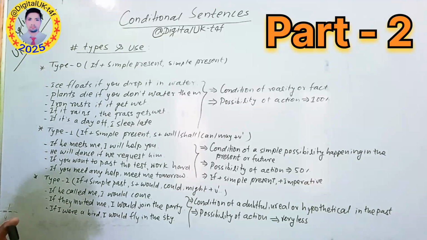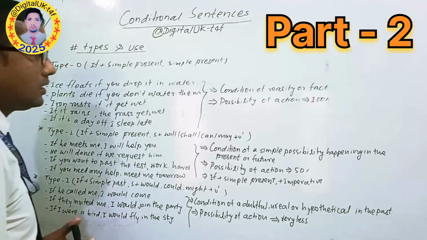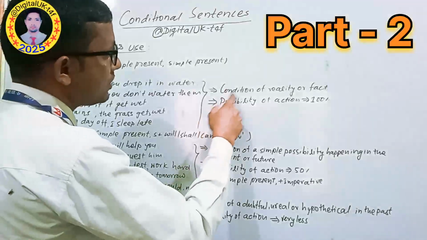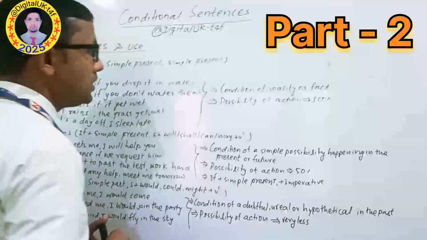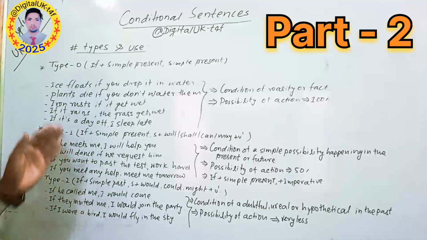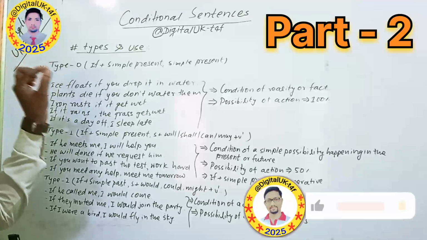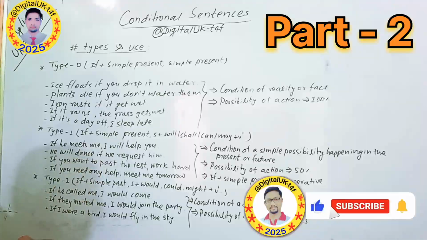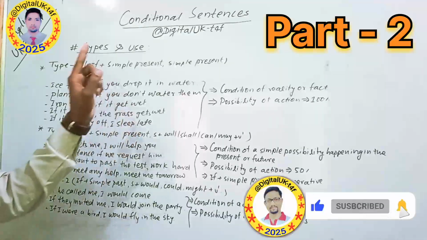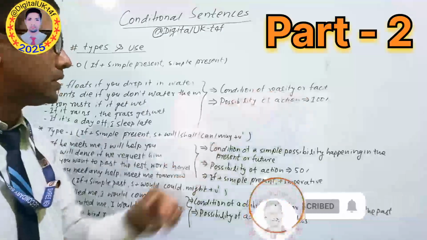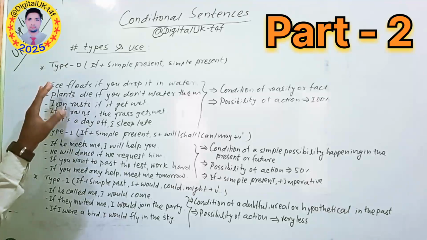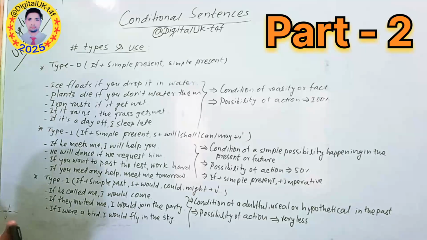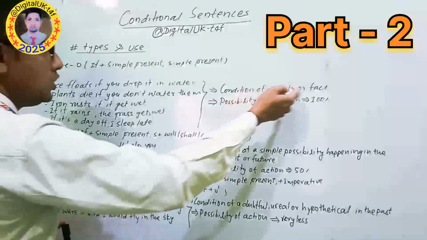So overall, what should we understand here? A condition of reality and fact. It means this type 0 is used whenever we express a condition, a reality or fact. These sentences are also expressing the same thing, reality or fact.